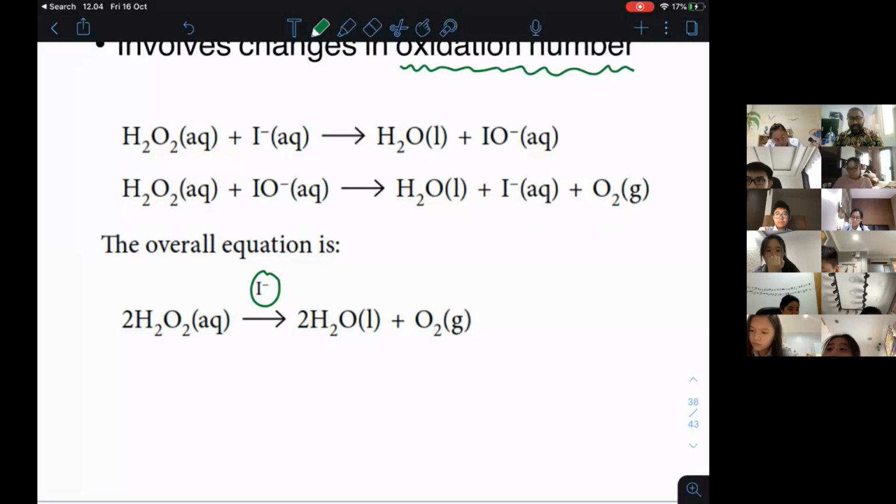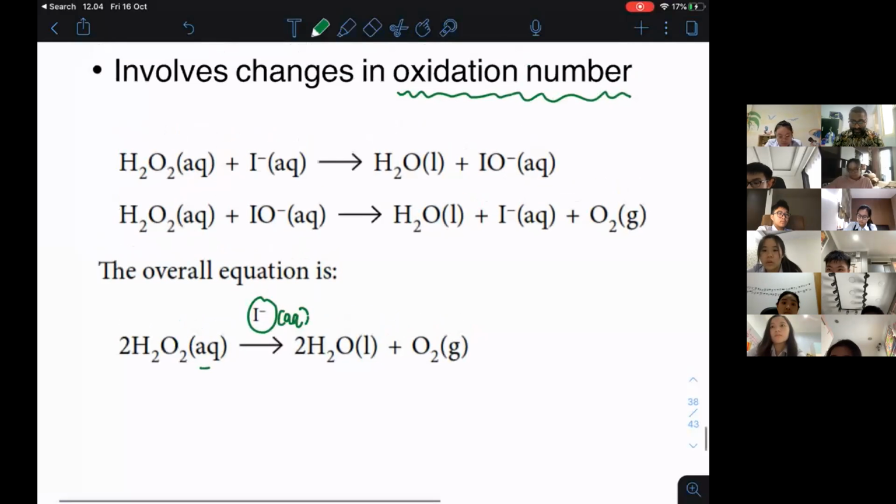Now they put I minus, and you can see the I minus is in aqueous form. The reaction mixture H2O2 is also aqueous, therefore they are going to be homogeneous catalysts.